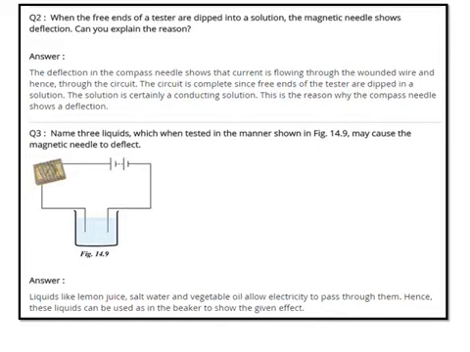Name 3 liquids which, when tested in the manner shown in figure 14.9, may cause the magnetic needle to deflect. Liquids like lemon juice, salt water, and vegetable oil allow electricity to pass through them. Hence, these liquids can be used in the chemical effect of current.